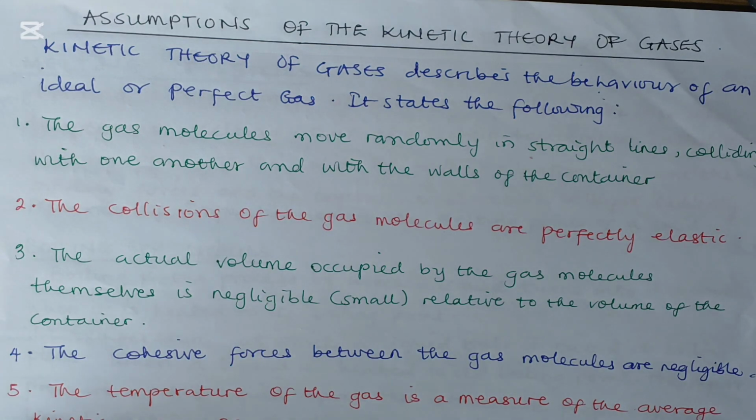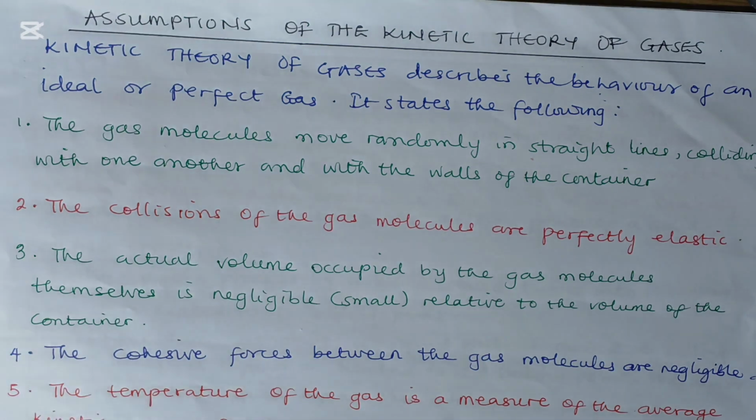That is very, very small relative to the volume of the container, showing that the particles of gases themselves are very few compared to the volume they occupy. That's why gases are always moving. They are free to move about because they have enough space.